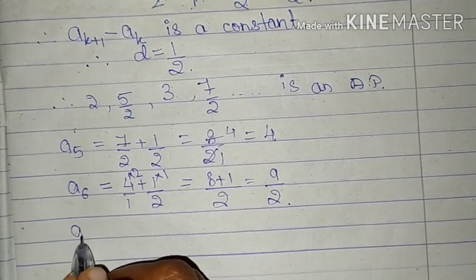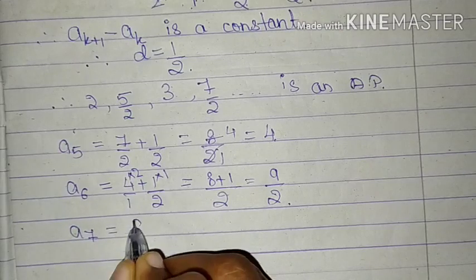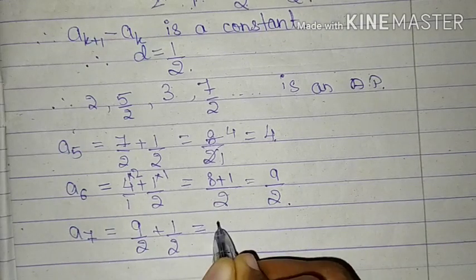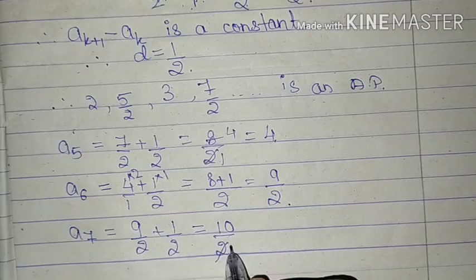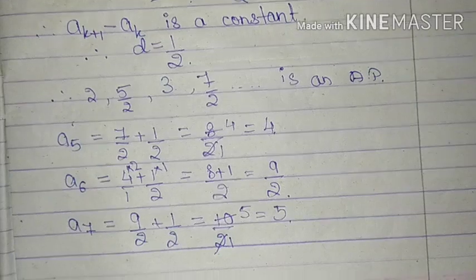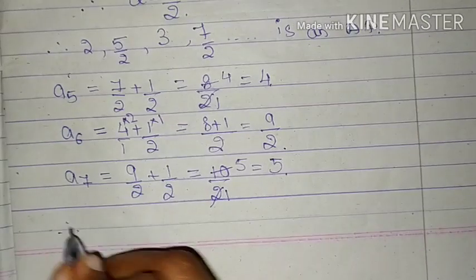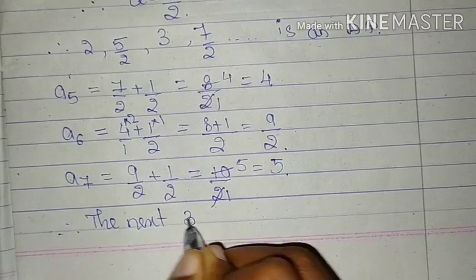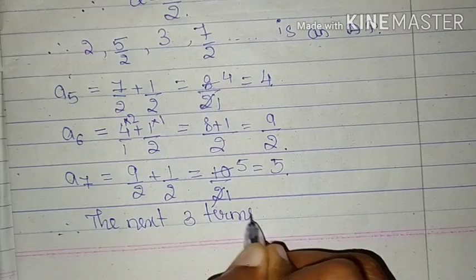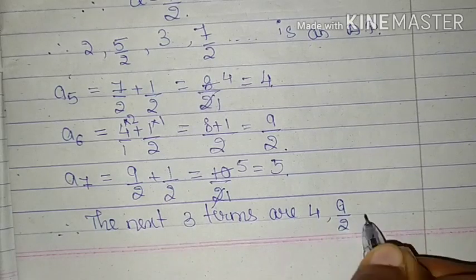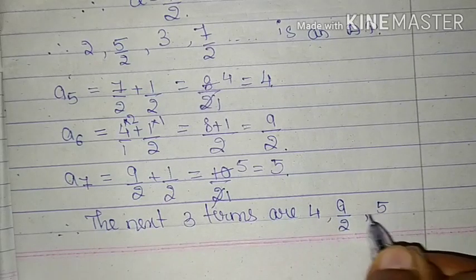And the third term is 9/2 plus 1/2, which is equal to 10/2, which is 5. So a7 is 5. Therefore, the next three terms are 4, 9/2 and 5.